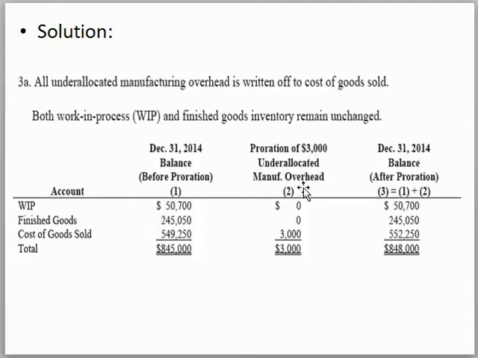The 3,000 will appear only in cost of goods sold, added to the balance before proration because it is an under allocation. So cost of goods sold will increase to 552,150, and work in process and finished goods remain the same. So the total will be $848,000.